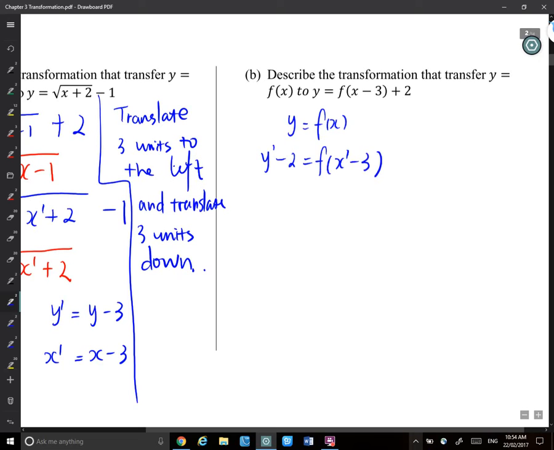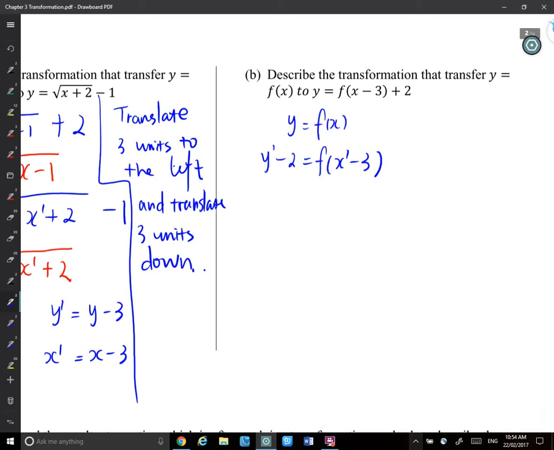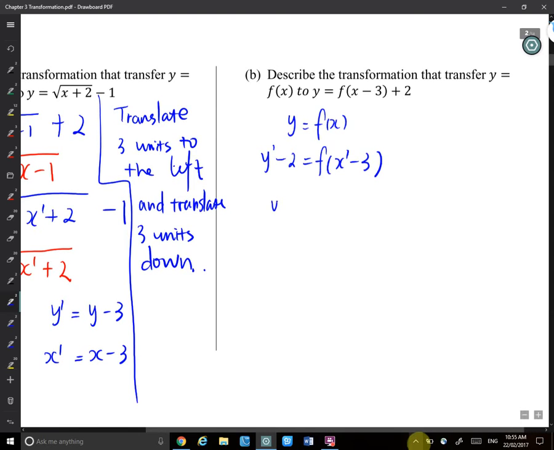I want to make that into this form, so only leave f with the bracket on the right hand side, and everything else to the left. So y equals y dash minus 2 and x equals x dash minus 3. So y dash equals y plus 2 and x dash equals x plus 3.